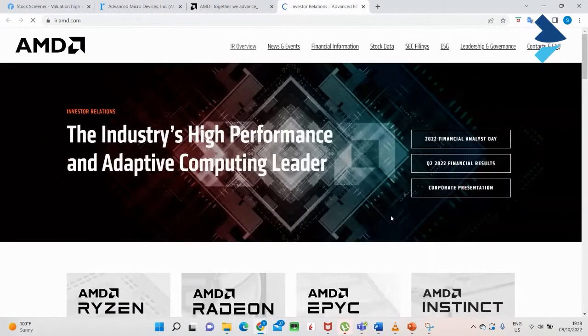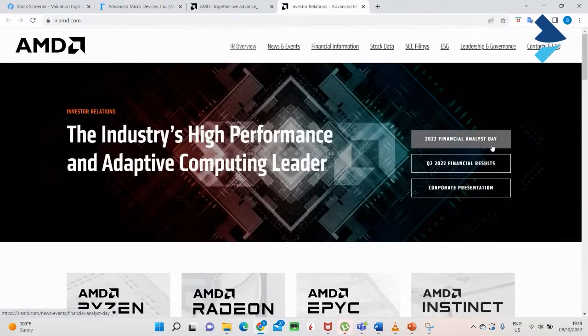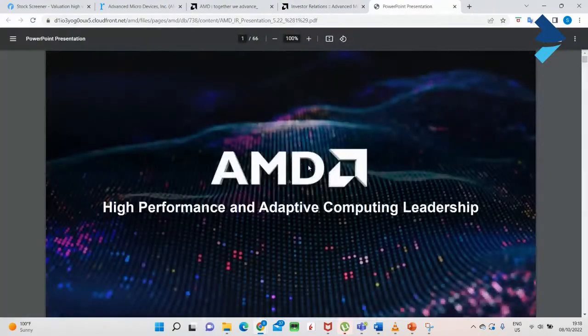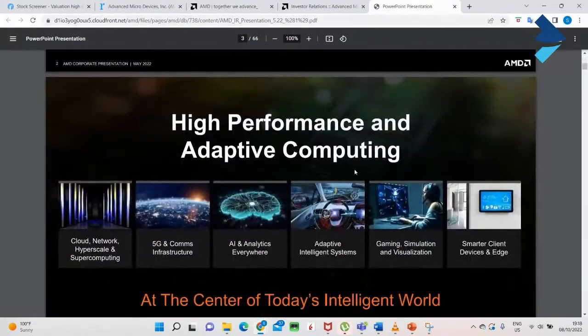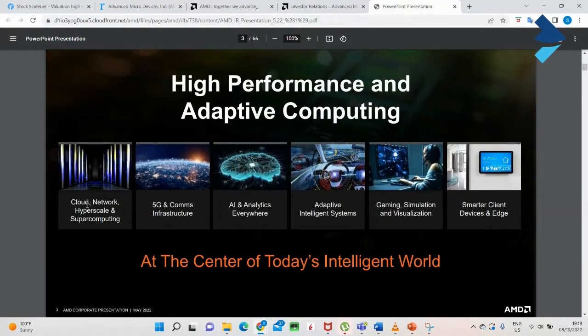अच्छा, इन्वेस्टर्स पे आपको ये 2022 Financial Analyst Day, Q2 financial results समझ में आ जाएंगे. Corporate presentation is very nice. I really like this. हमेशा आपको ना एक अच्छी अंडरस्टैंडिंग मिलती है कि हम करने क्या जा रहे हैं. इसमें देखें, यहाँ पे लिखा हुआ है high performance and adaptive computing, cloud network, hyperscale supercomputing, 5G and comms infrastructure, AI, adaptive intelligence systems, ये जो self-driving cars हैं, gaming, smarter client devices and edge, जो smart homes हैं, at the center of today's intelligent world.